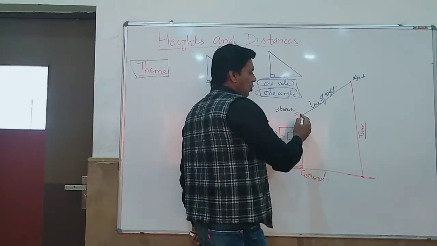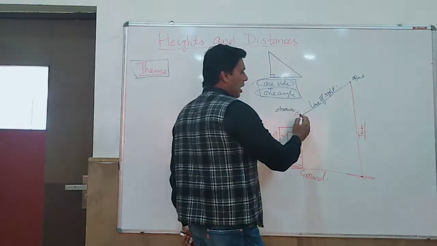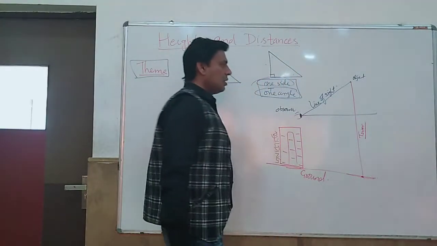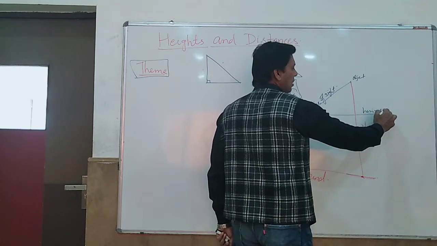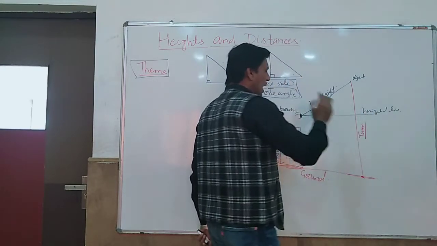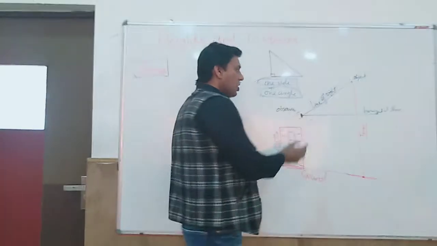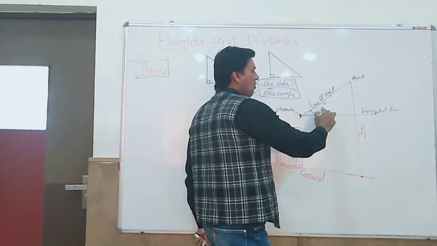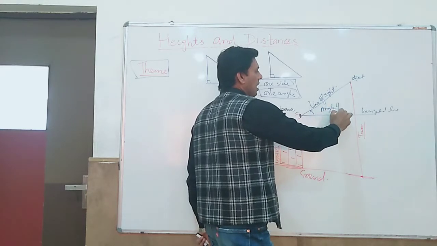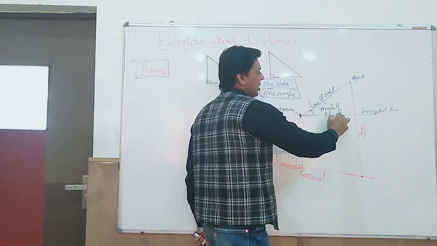Now through the observer, if I am drawing a horizontal line, this is the horizontal line through the observer. Now this angle is called angle of elevation.